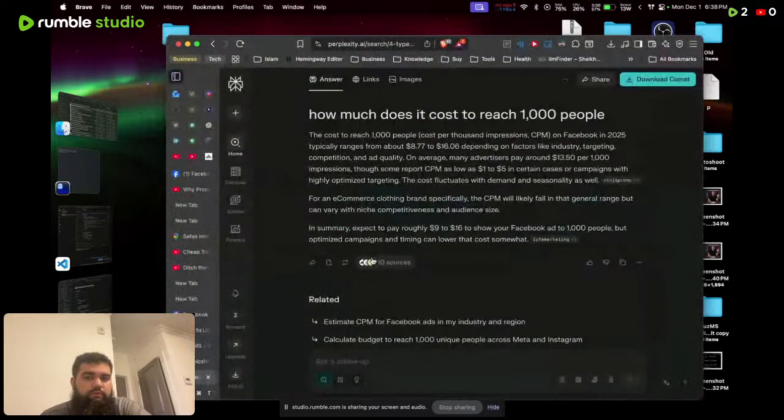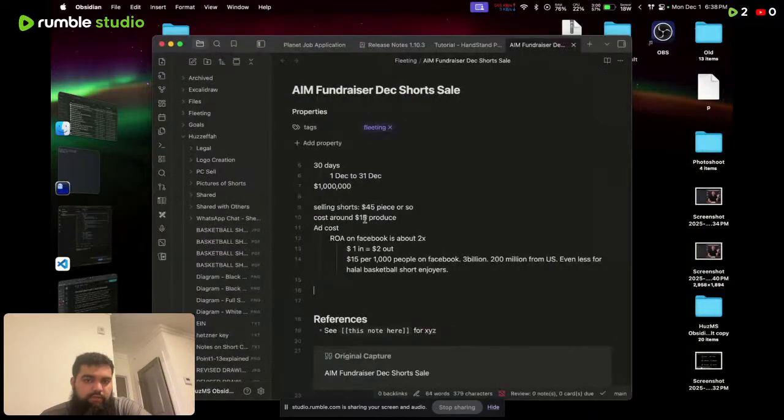Let me see. So if I spend $15, I would expect about a $30 return on ad spend. Right? So $1 in equals $2 out. We're doing algebra now. Great.